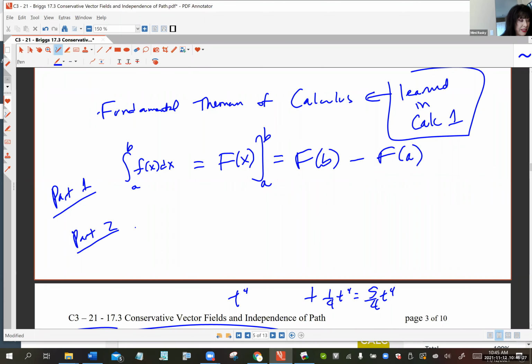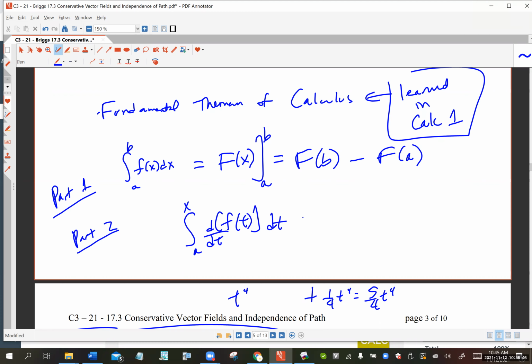So part 2 has this kind of flavor to it. You take the integral, say from a to x, and then here you have d/dt of f of t, like this. Have you guys seen this?